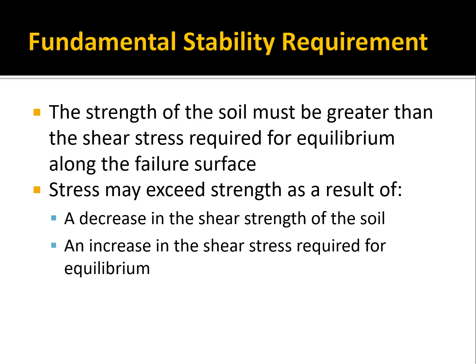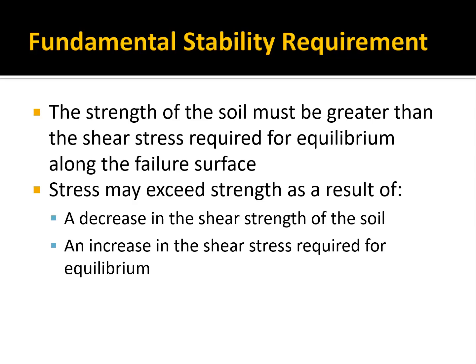And so here's the basic premise. For a slope to be stable, the strength of the soil must be greater than the shear stress required for equilibrium along the failure surface. That first sentence right there is going to be the basis of all of the mathematical techniques we're going to be using the rest of the semester to determine whether a soil is stable.